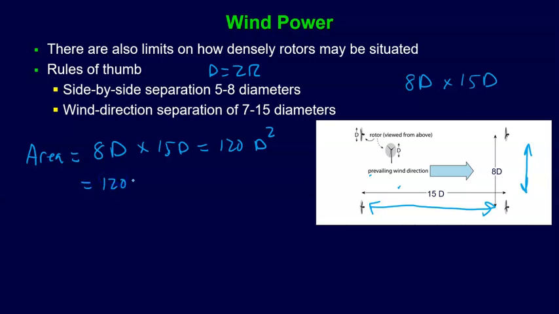So we take this number 120, and then for the diameter I'm going to write in 2r squared, which gives me 120 times 2r squared. Now 2r squared is going to be the same thing as 4 times r squared. And so 4 times 120 gives me 480 r squared. So this would be the total land area you'd get for each one of these rotors.